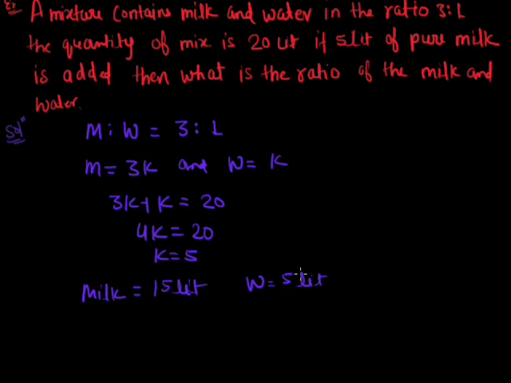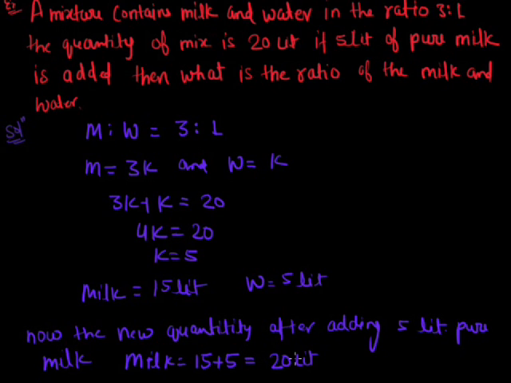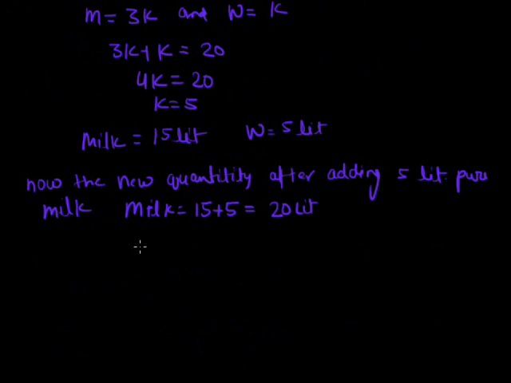Okay, now if 5 liter of pure milk is added, we are going to add 5 liter of pure milk. So now the new quantity after adding: milk will be 15 plus 5 is equal to 20 liter, and water will remain no change because we are not adding water, so water will be as it is, 5 liter.